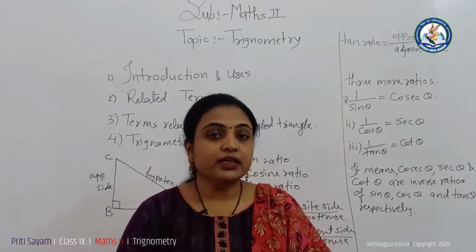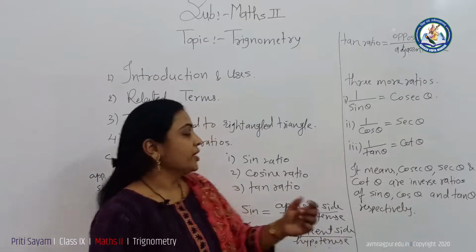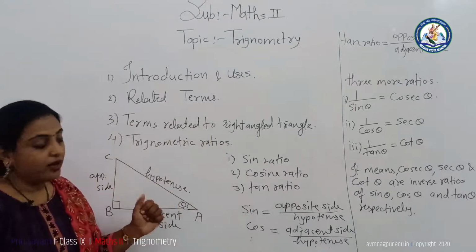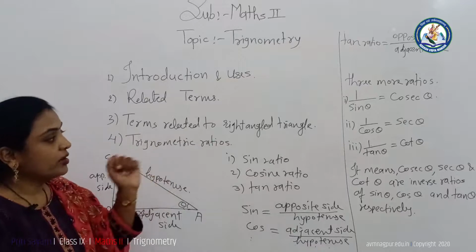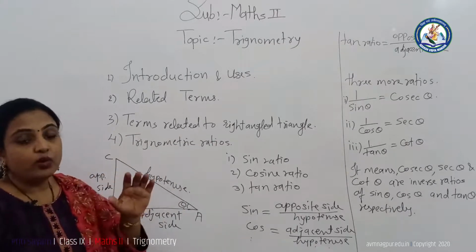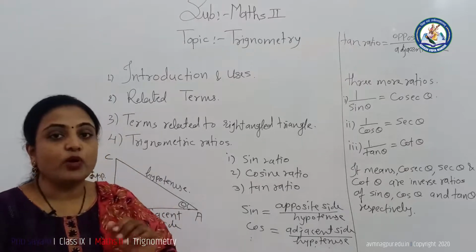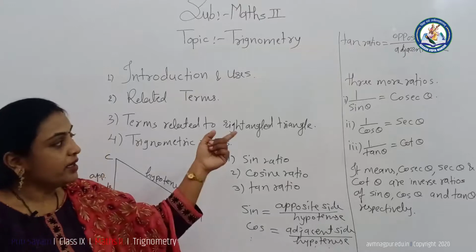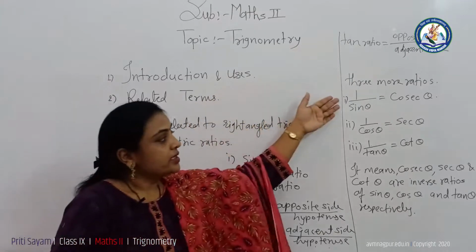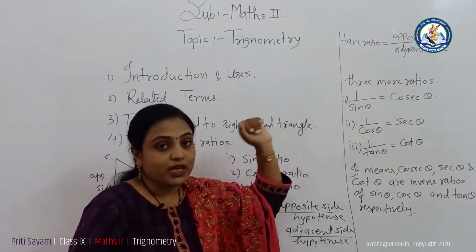And as the Greek letter theta is used, in this triangle ABC angle A is theta, that's why cosec theta is 1 upon sin theta. As we know that sin theta means opposite side upon hypotenuse, and here it is 1 upon sin theta, it means cosec theta is the inverse of sin theta.